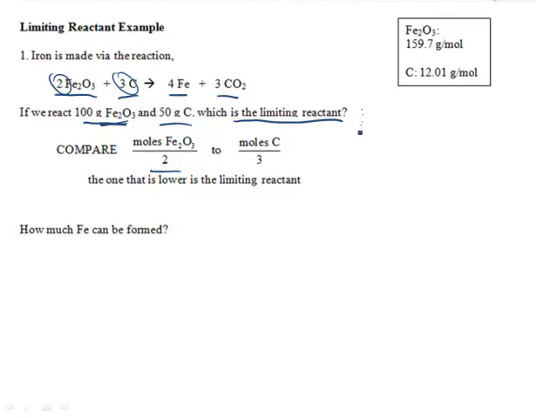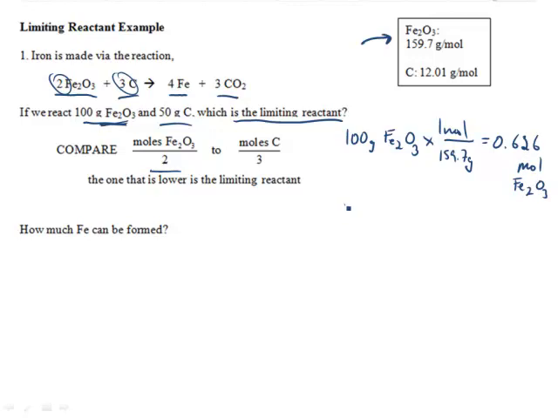So first thing you do is convert grams to moles of each. So 100 grams of Fe2O3 times 1 mole over 159.7 grams. To cut to the chase, I just gave the molar masses there. You would calculate those or look them up on the web, and that comes out to 0.626 moles of iron oxide, Fe2O3.